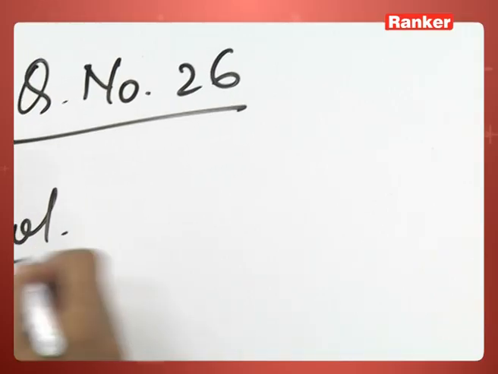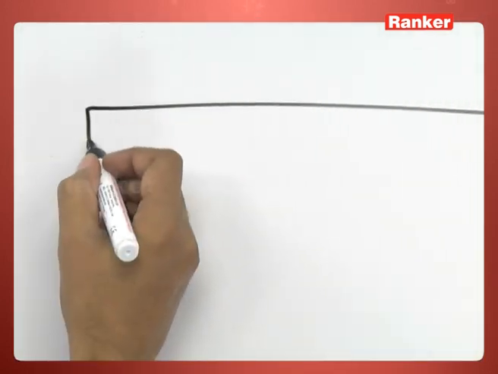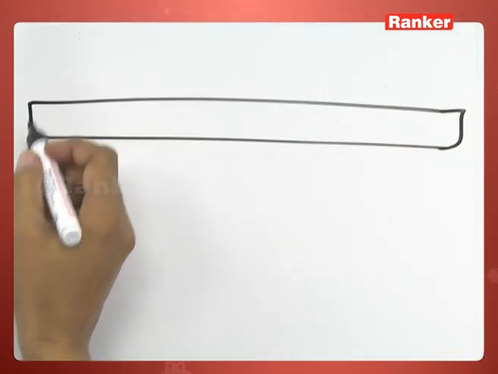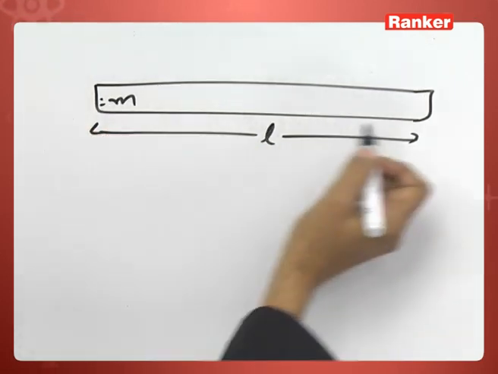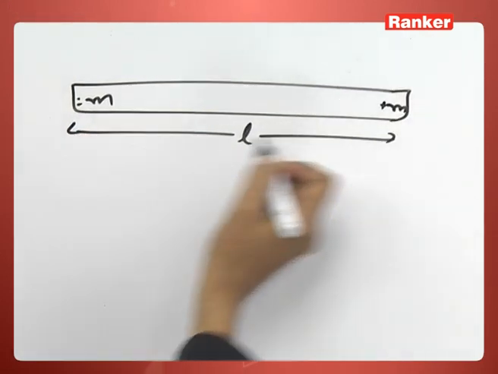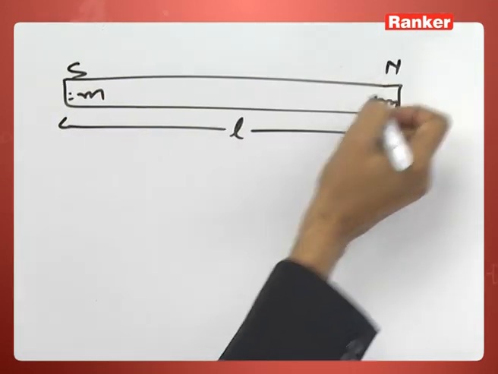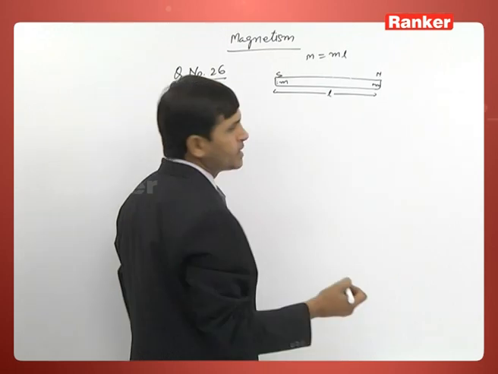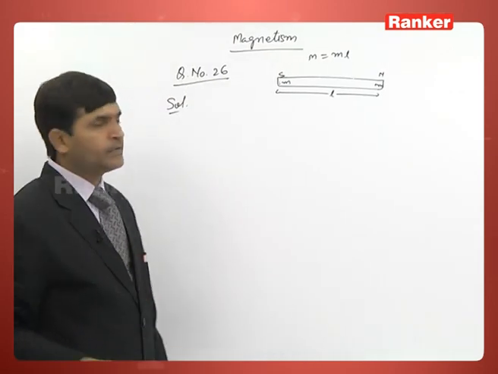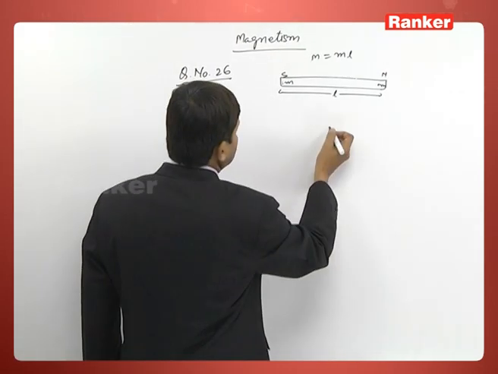See here. So the bar magnet is like this. L is the length, and minus M and plus M are the pole strengths, south and north. So the magnetic moment here is M into L. Now it is bent in the form of an S shape like this.